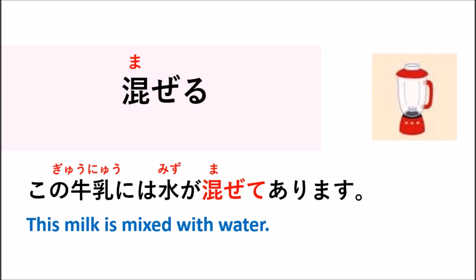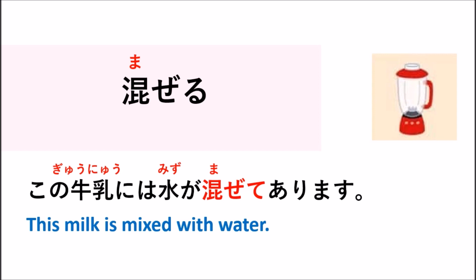This means they want to explain what the milk looks like. They say that the milk has some water in it too, some water that is mixed with the milk. So they can say mizu ga mazete arimasu.